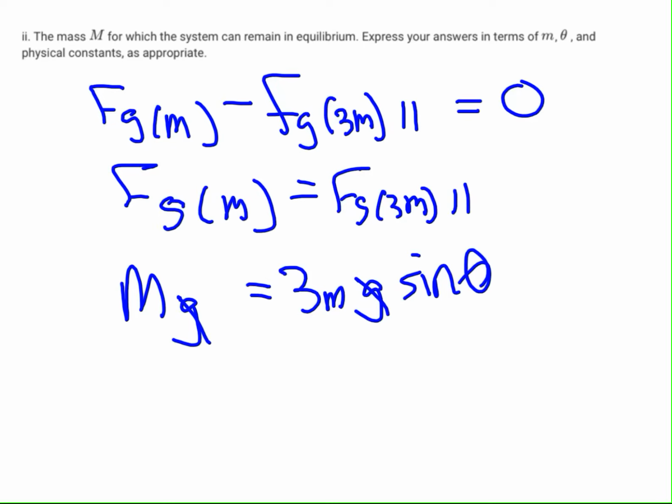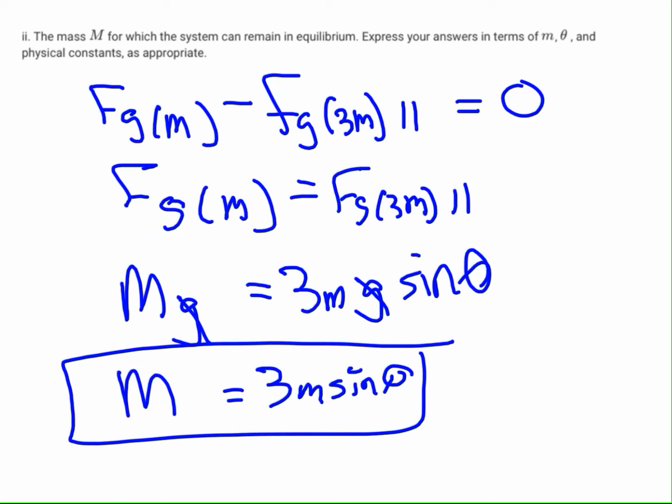Cancel out the g's, and big M is equal to 3 little m sine theta. Checks all our boxes, right? We can have little m, we can have theta.